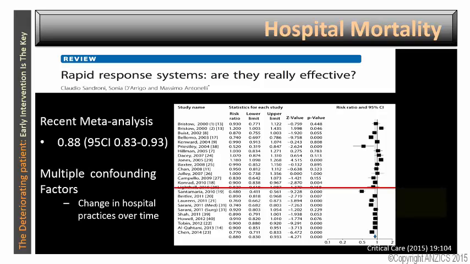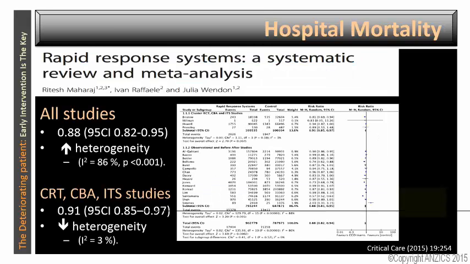Again, this change may be because of changes in hospital practice over the period, and maybe the rapid response system is finding its teeth in the various hospitals where these studies were done. And when you look at the stronger trials, this effect was again maintained.